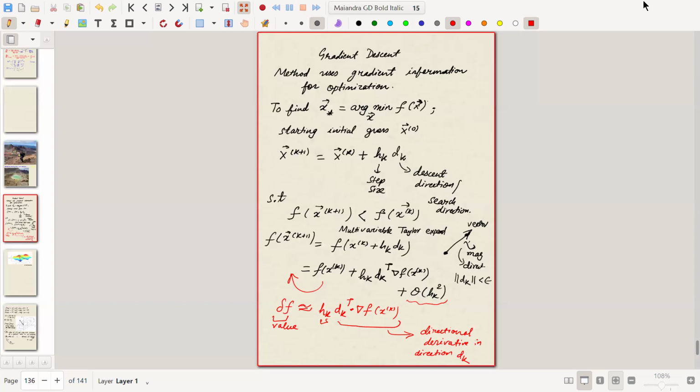Please Google this directional derivative and you will get a lot of different expressions for it, and one of them will be some vector multiplied by gradient. In your one-dimensional case, you will have some vector dot product of some d by dx. So that's a directional derivative in one dimension. Here it's a directional derivative in n dimensions because we have this gradient.